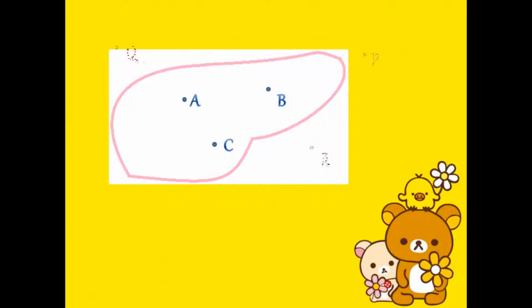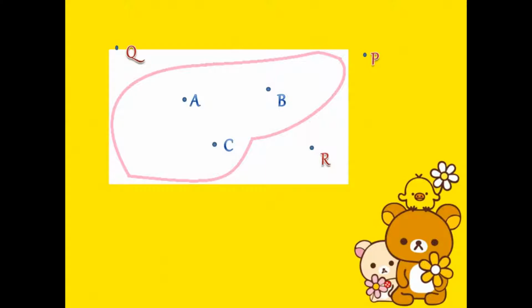Let's consider another set of points, say P, Q, R. These 3 points are outside the curve. So these points lie in the exterior portion of the curve. The region of the plane that lies outside the curve is called the exterior portion, and P, Q, R are the exterior points of the curve.